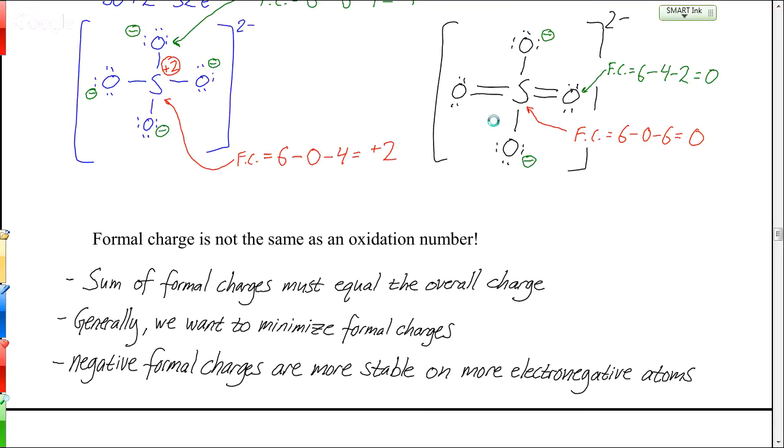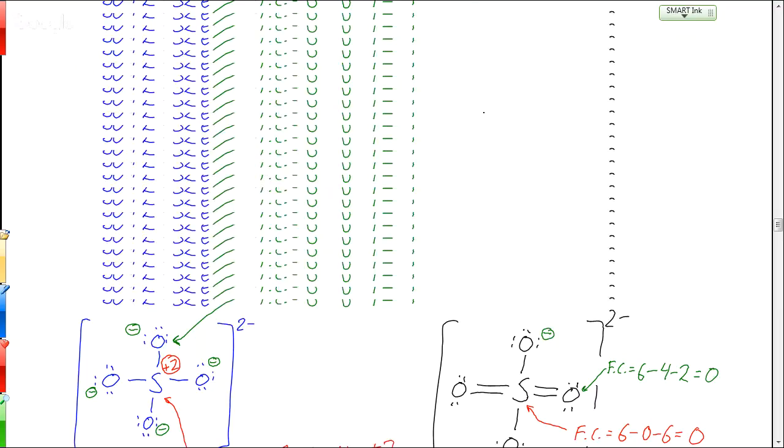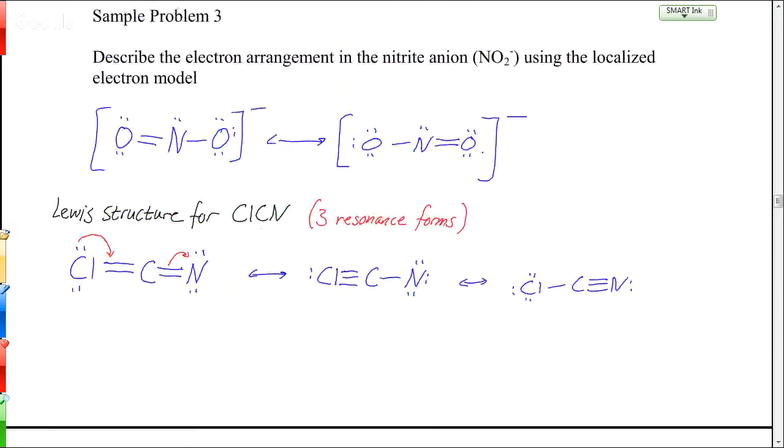So let's go back up to what we looked at before. All right, we've got these 3 structures for ClCN. I want you to calculate the formal charge for each atom in each structure, and then decide which one you think is the better structure.